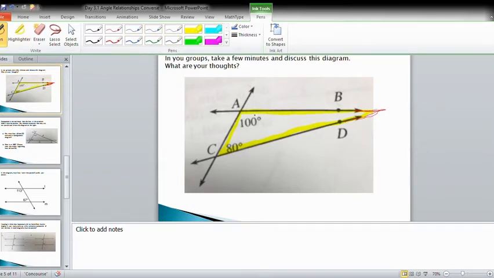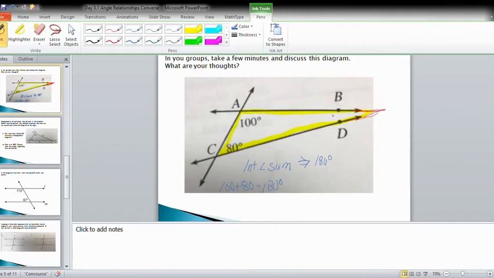Well, what do we know about the interior angles of a triangle? Well, from the interior angle sum theorem, we know all three angles of a triangle are going to equal 180 degrees. Well, we have 100 and we have an 80 for these two angles. So 100 plus 80 is 180 degrees.